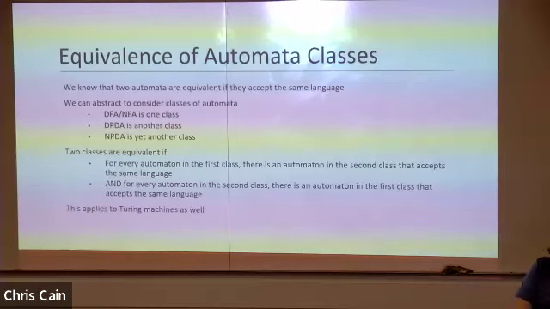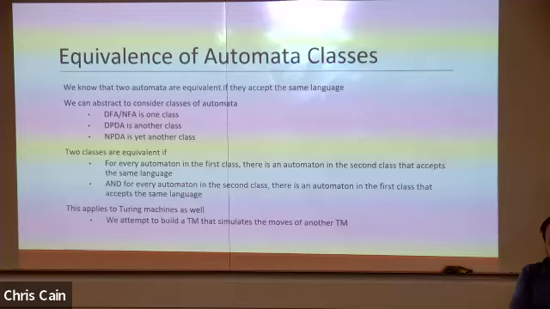We can use this to talk about Turing machines as well. This becomes useful if you want to build a Turing machine that simulates the moves of another Turing machine. This is going to become the basis of a lot of theoretical computer science proofs. Can we construct a Turing machine to simulate the moves of another Turing machine?